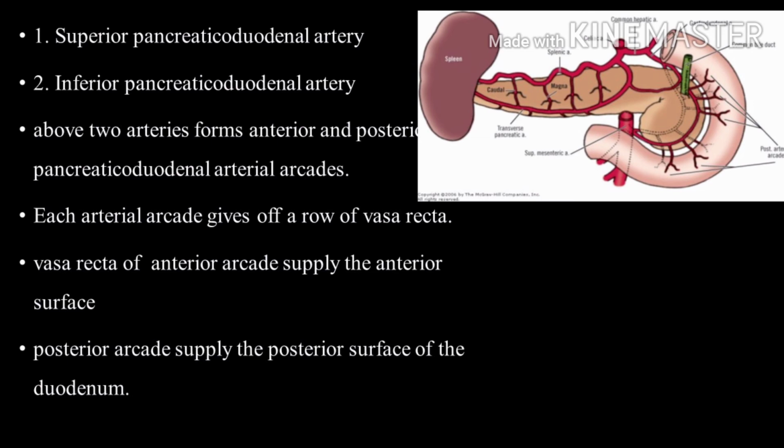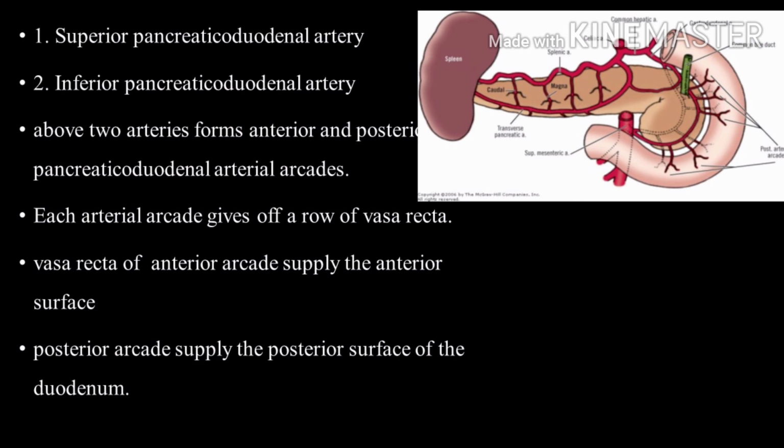Each of these arteries divides into anterior and posterior branches, and respective branches of the superior and inferior pancreatico-duodenal arteries anastomose to form anterior and posterior pancreatico-duodenal arterial arcades. Each anastomotic arterial arcade gives off a row of vasa recta. The vasa recta of the anterior arcade supply the anterior surface and those of the posterior arcade supply the posterior surface of the duodenum.